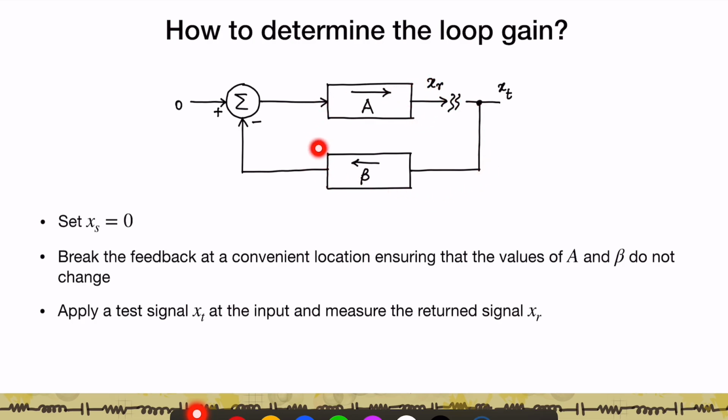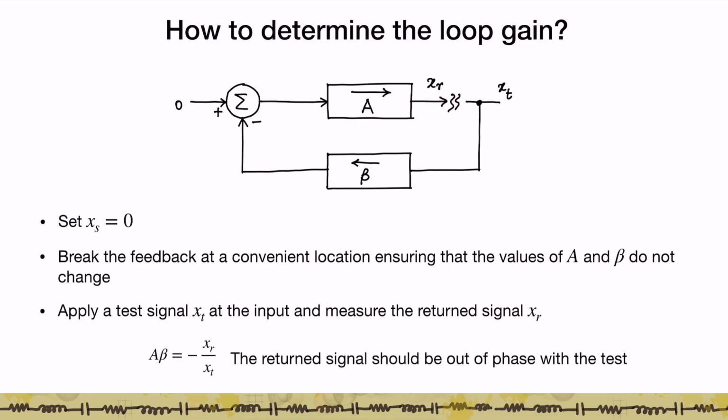And so the ratio of XR by XT is essentially going to be your A beta. And in this case, if your feedback is negative, because of this negative term here, you're going to see that XR and XT are essentially going to be out of phase, or in other words, XR by XT is a negative term.